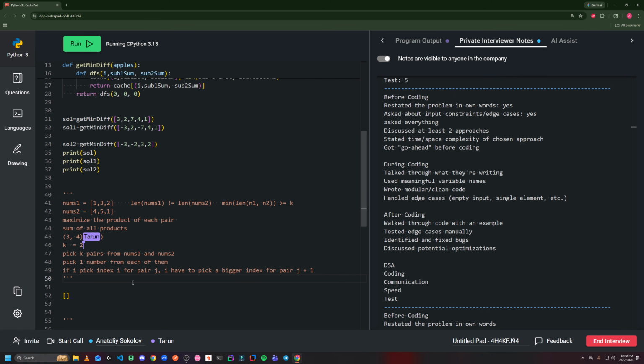To unblock you a little bit, let's say you picked some stuff and you're trying to maximize the result. If you didn't have enough, you could just return something that you will never pick, like negative infinity. Does that help?